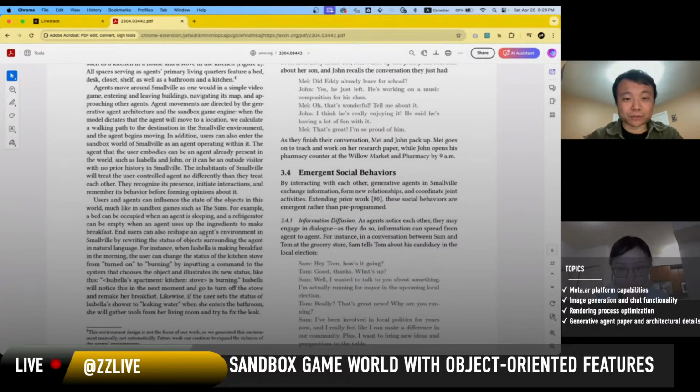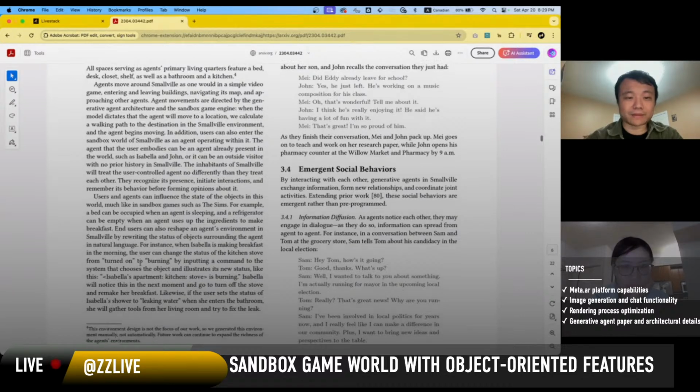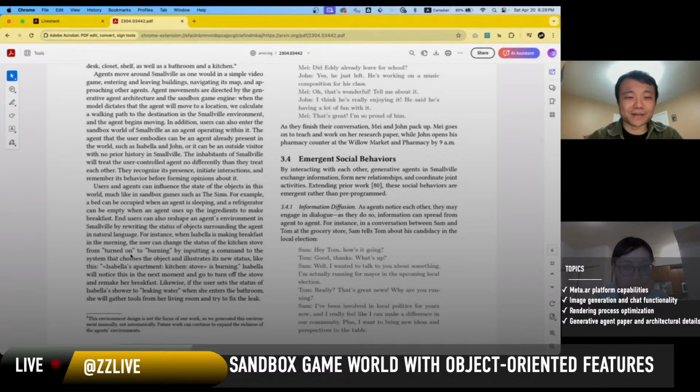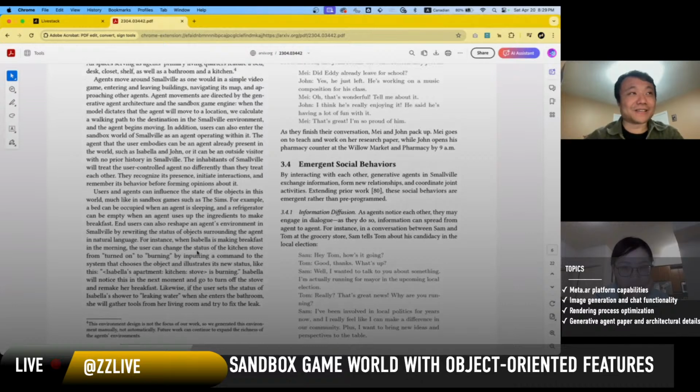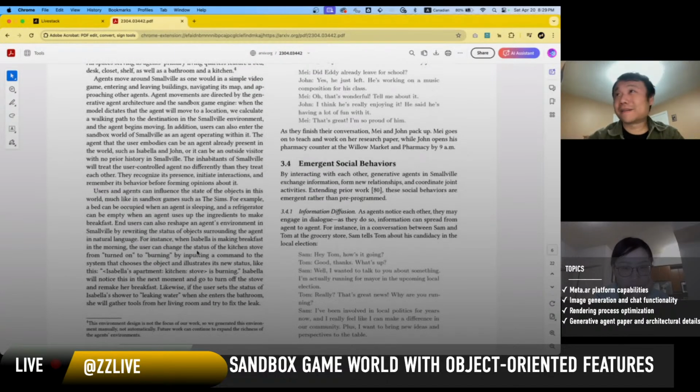End users can also reshape an agent's environment in Smallville by rewriting the status of objects surrounding the agent in natural language. I think we went through this. You can interfere in God mode, playing God, and just randomly say it's burning.